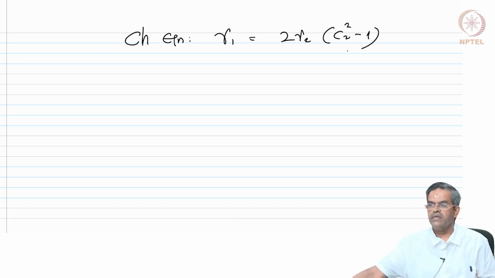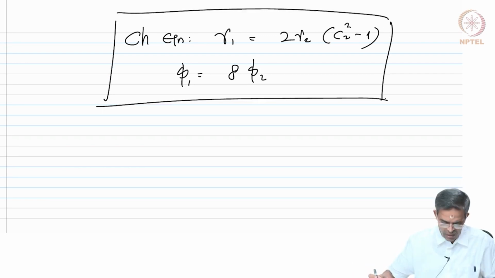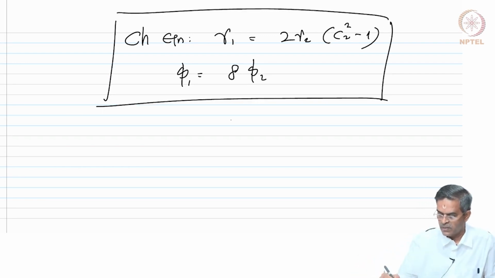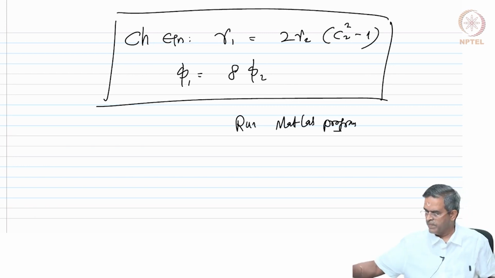The other condition is that I must satisfy phi 1 is 8 phi 2. This is what I have to satisfy. So, let us run the MATLAB program and try to obtain the values.